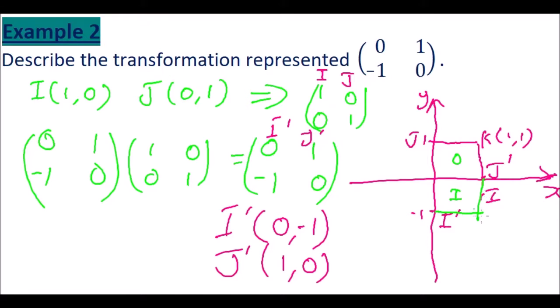So we can clearly see that the transformation here is a reflection through the line y-axis, or y is equals to 0.